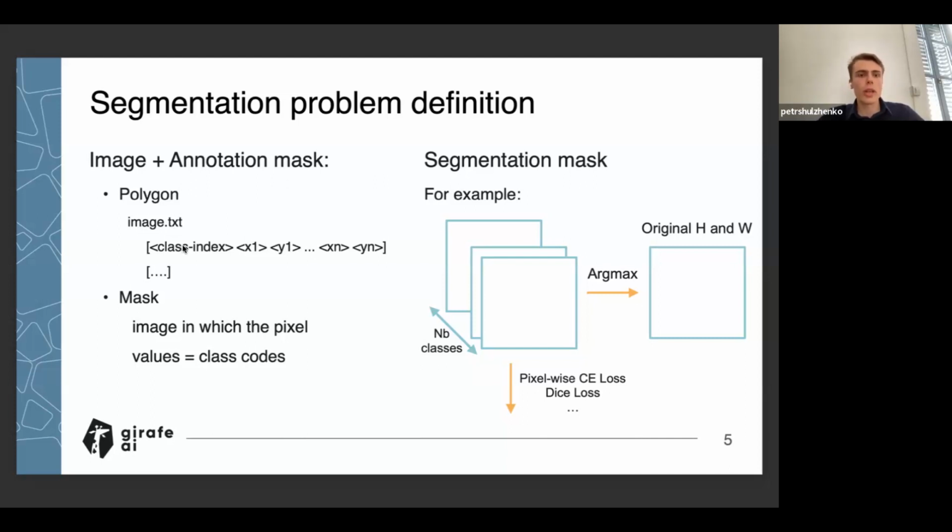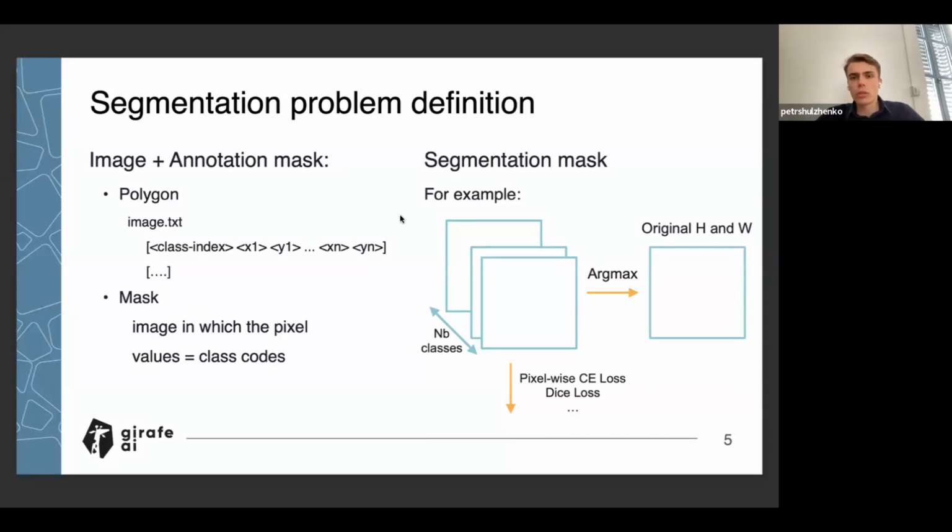In these files, for every object on the image, you would have an array: the first element is the class index of this object, and then the points of this polygon area. And the second type is annotation masks. It's just an image with one channel where every pixel value is actually the label of this pixel.